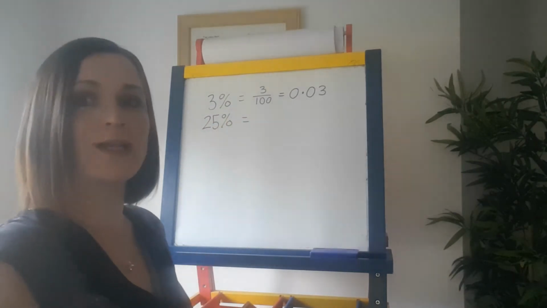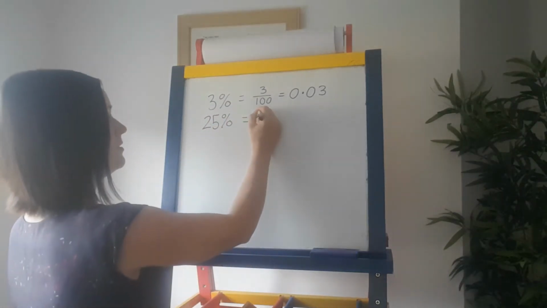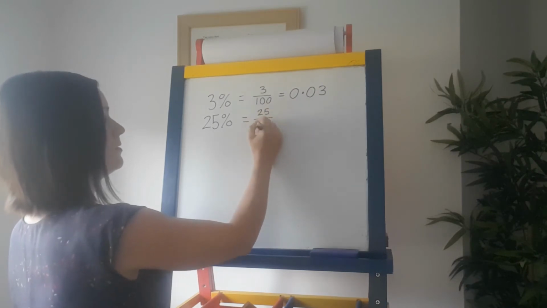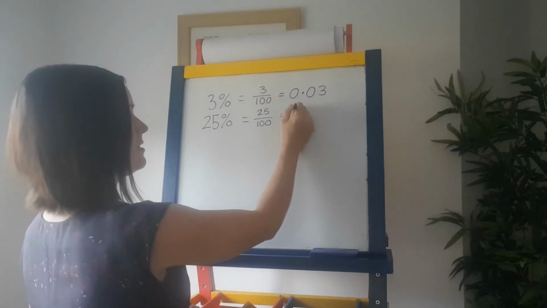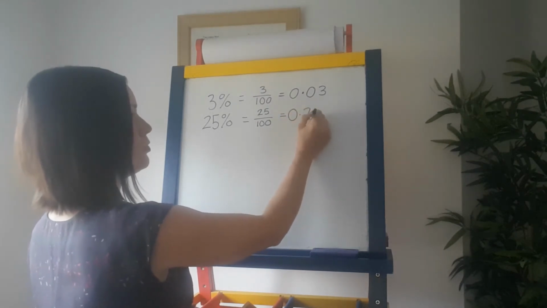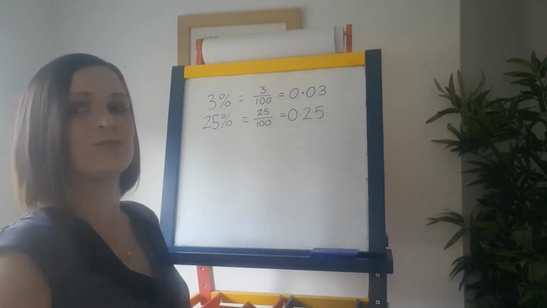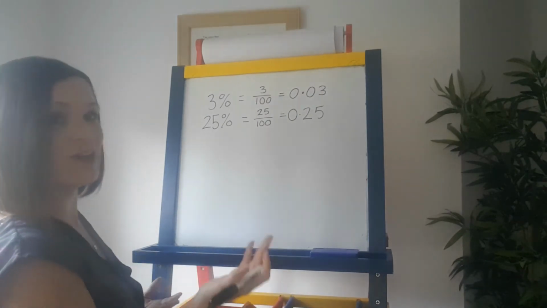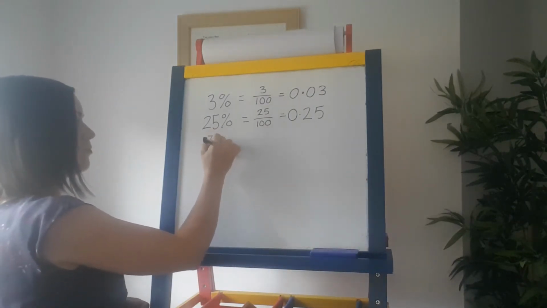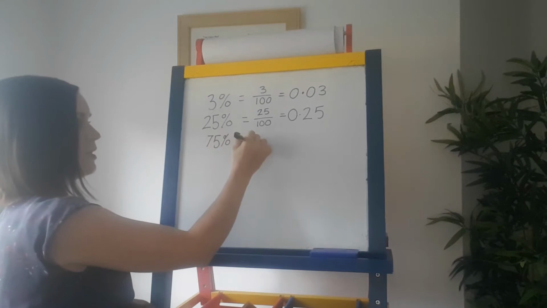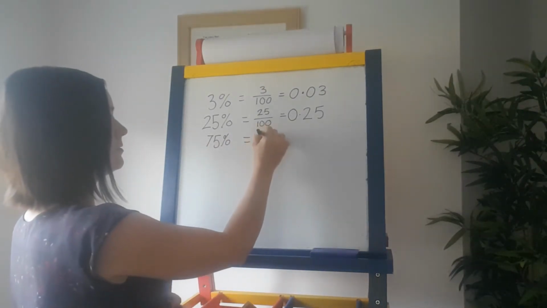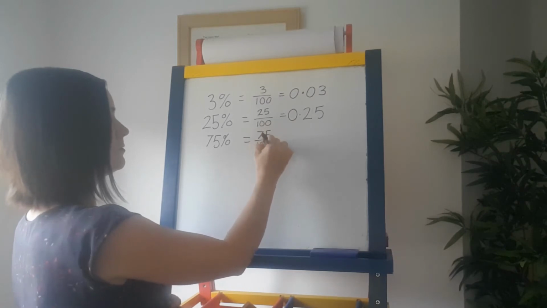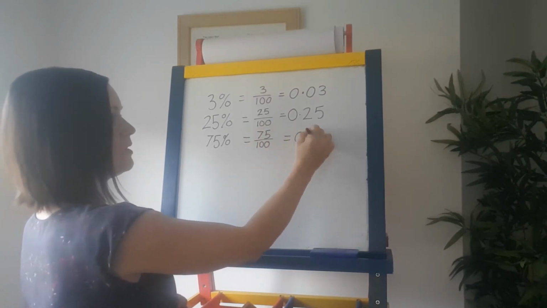That is 25 over 100. So as a decimal, that is 0.25. Another one, 75%. As a fraction, that is 75 over 100, which is 0.75.